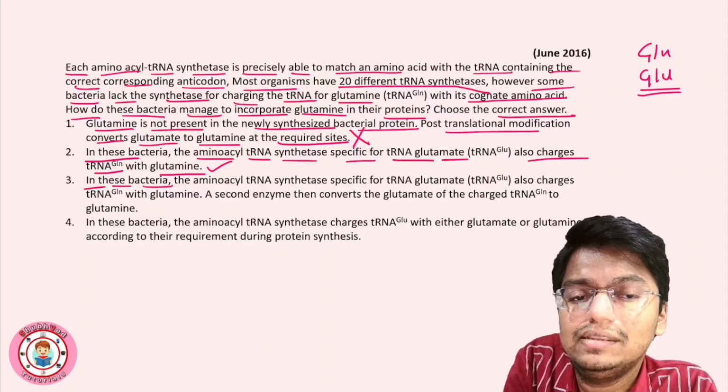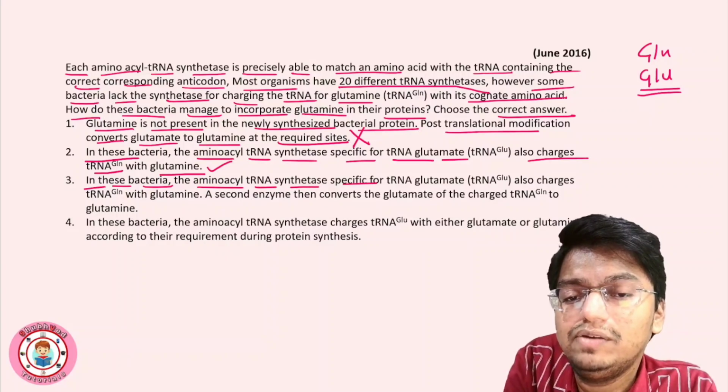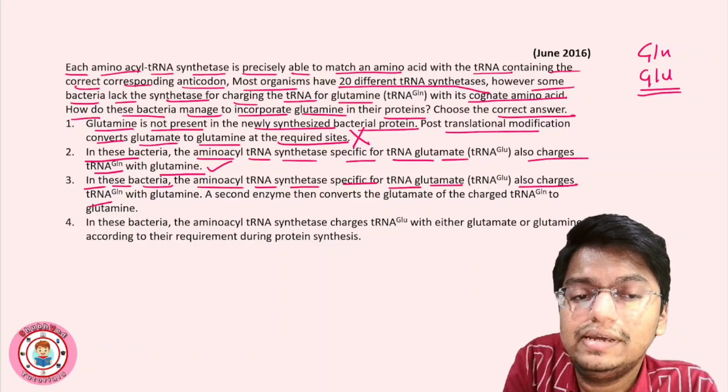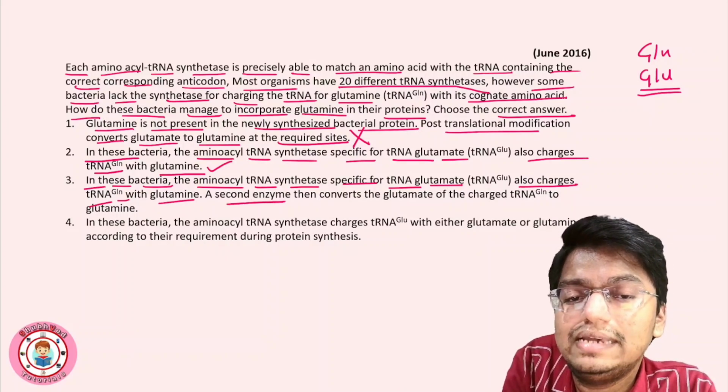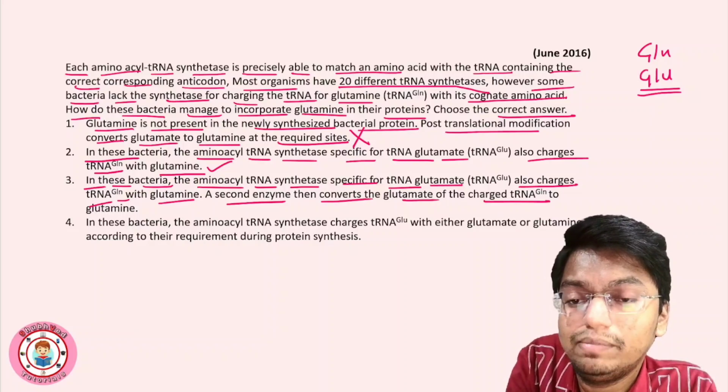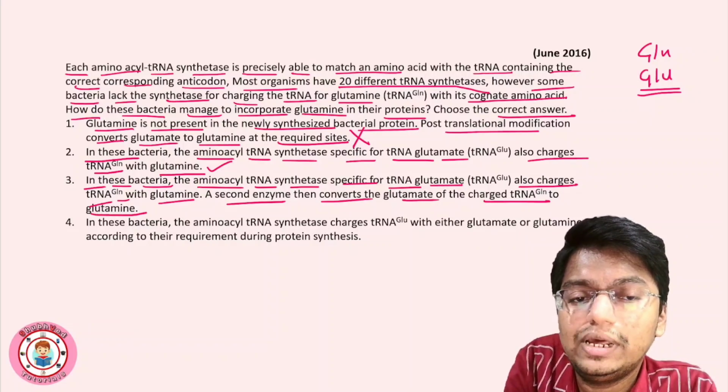In this bacteria, the amino acid tRNA synthetase specific for tRNA glutamate also charges tRNA glutamine with glutamine. A second enzyme then converts the glutamate of the charged glutamine to glutamine.